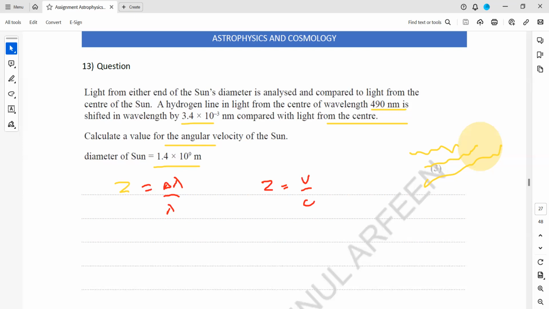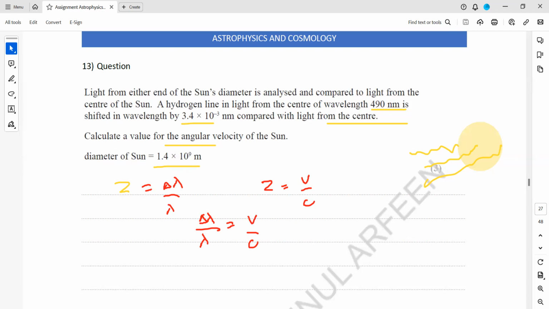So first we can work out the Doppler shift and then substitute in the value. This is one way, or you can directly compare these two, because the Doppler shift is change in wavelength over original wavelength, or speed divided by c. So if we compare these two equations, change in wavelength over original wavelength is equal to the speed at which the object is moving divided by c, the speed of light.